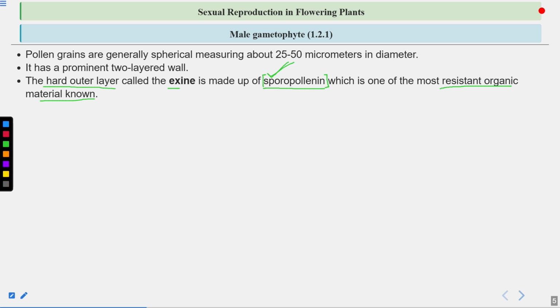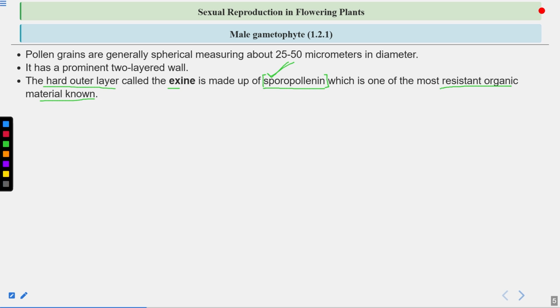So the sporopollenin is a very high resistance biopolymer. Polymer means it must have one monomer that gets repeated and forms a polymer structure, right? So it is a biopolymer and primarily composed of long chain fatty acids.